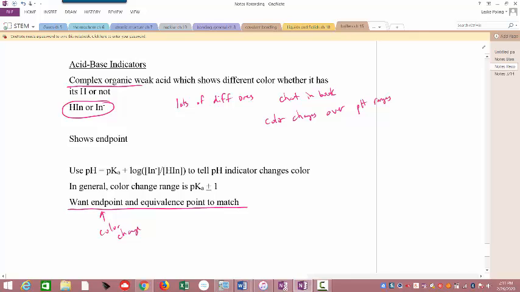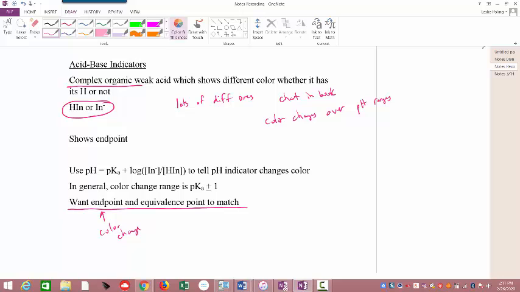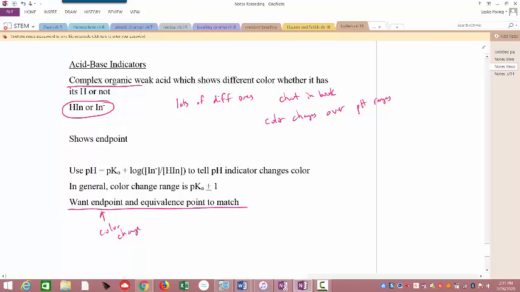Okay, so you have pH equals pKa plus log of the indicator without the H over the indicator with the H to figure out what pH we will have the indicator change color.